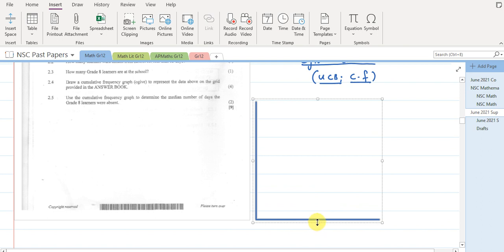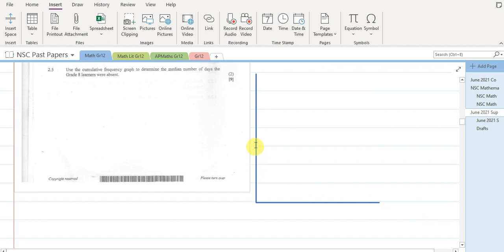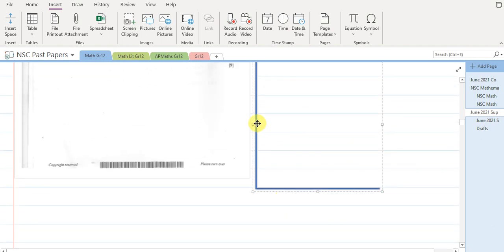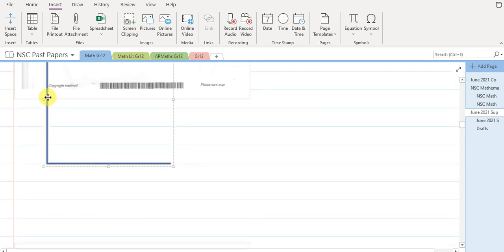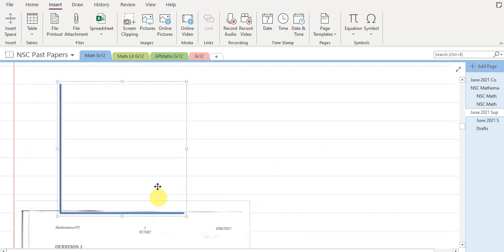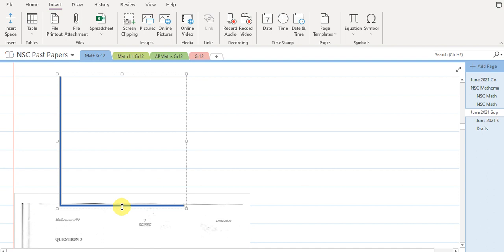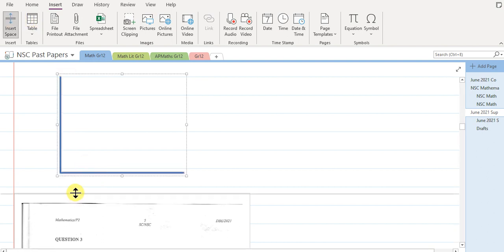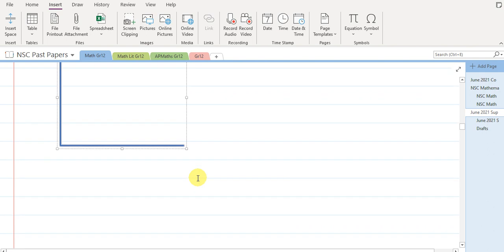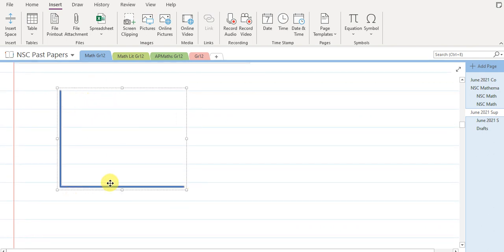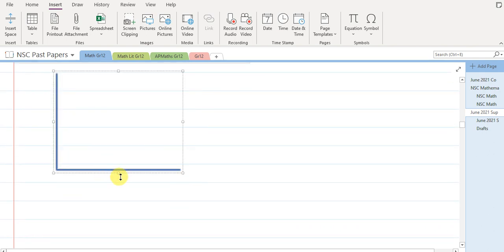Well, we need a grid here. Let's draw it here rather. We need a bigger curve. Right, so let's look at this.